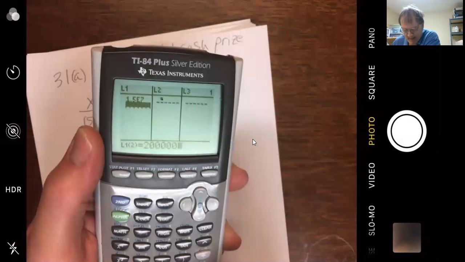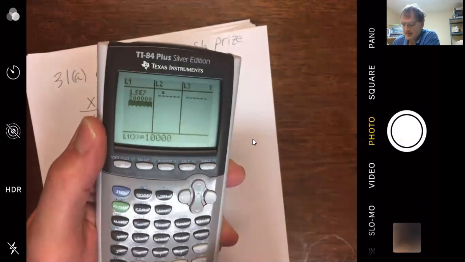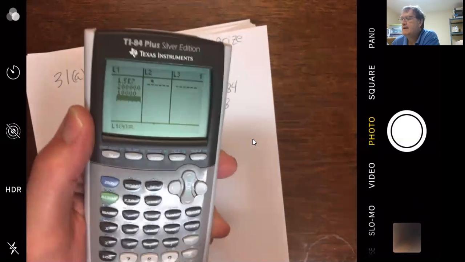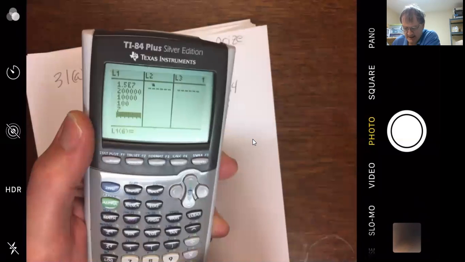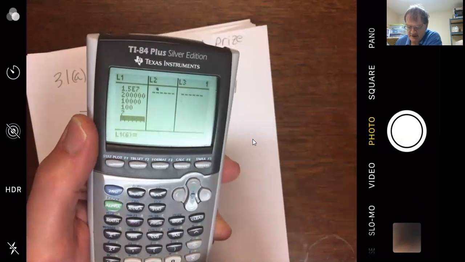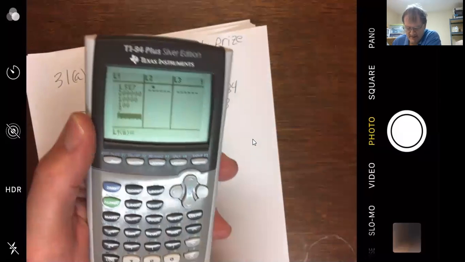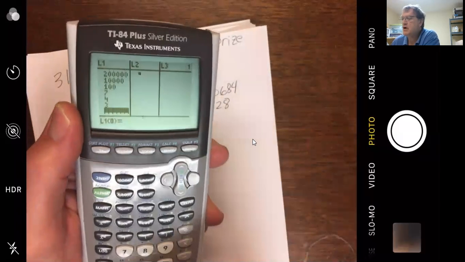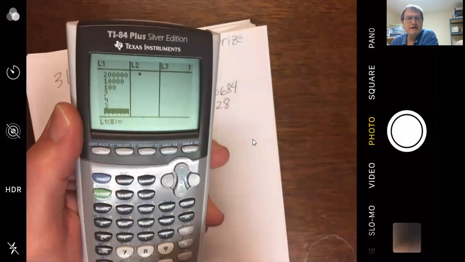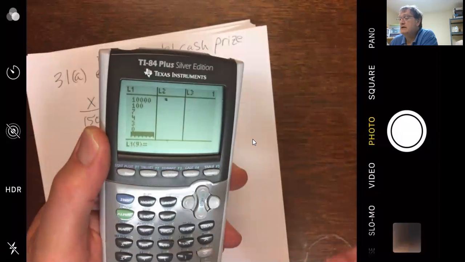Got it. 10,000. 100. 7. Look at the chance. There's like a 0.4% chance of even winning $7. 4, 3, and 0. So there's the L1 column, all the different amounts in this lottery you could win.